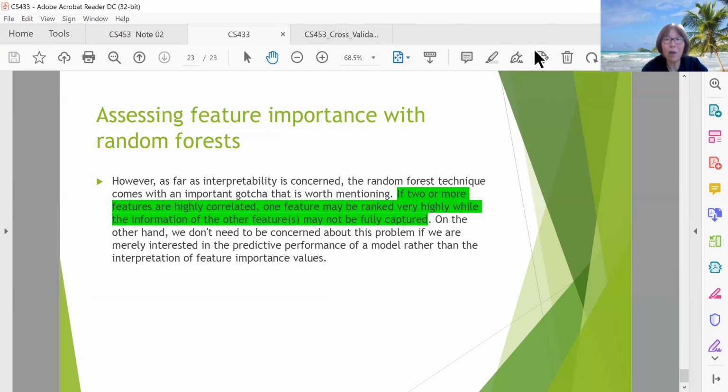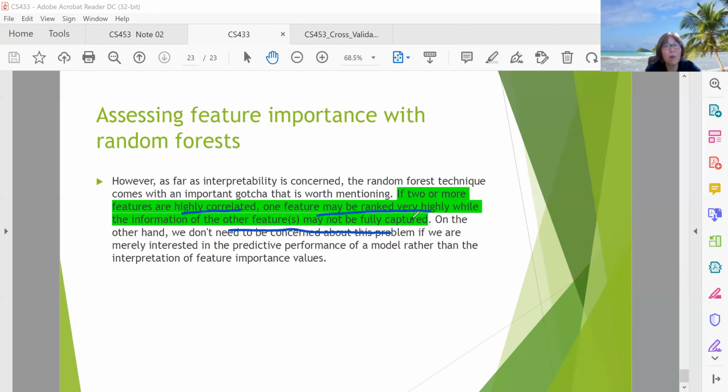Regarding feature importance with random forest, we also need to be careful. If two or more features are highly correlated, then one feature may be ranked very high while the other may not be fully captured.